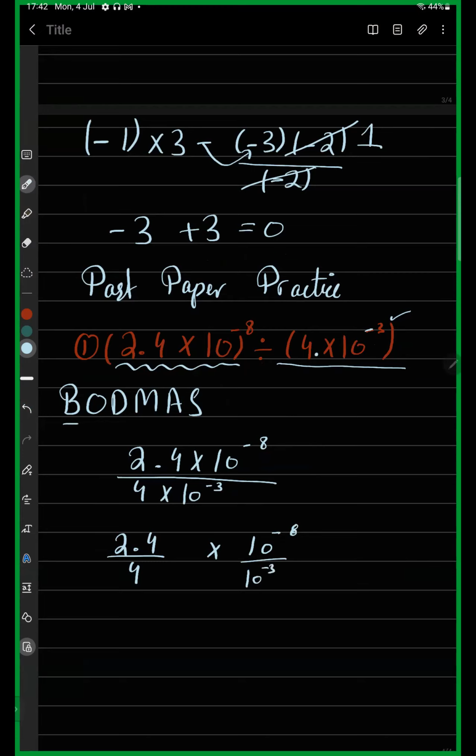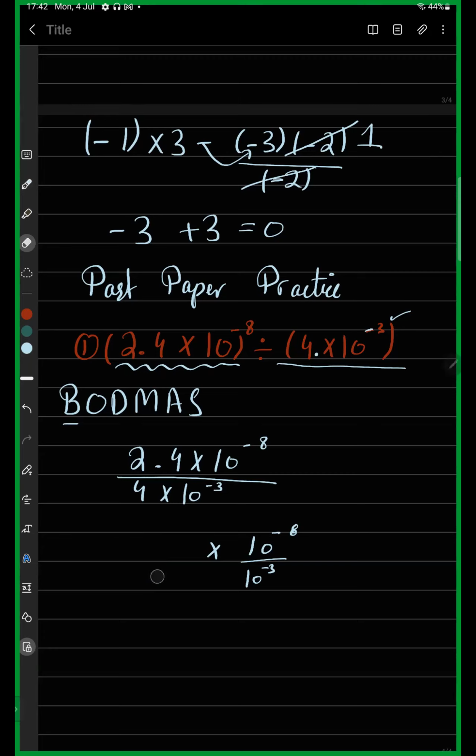This is how we usually simplify. But if you look at this question over here, 2.4 divided by 4 would not be very easy for you, right? You would not be able to simplify this part this way. So we need to do a strategy over here. What is that strategy? I'm talking about all the methods which would come to your mind possibly, and then I'll tell you how to do it.